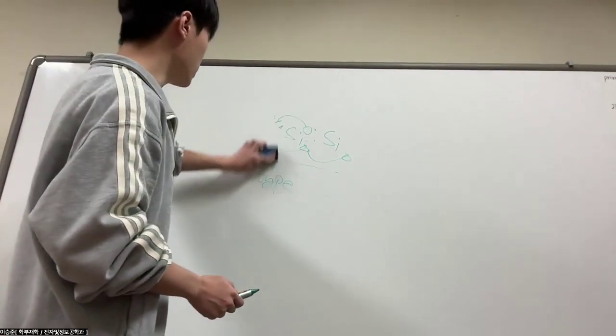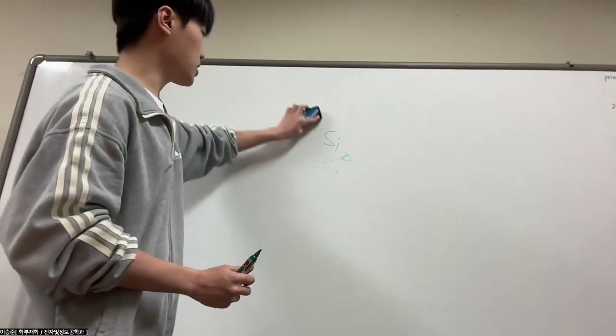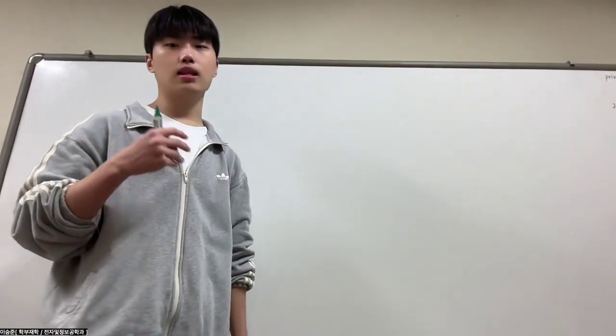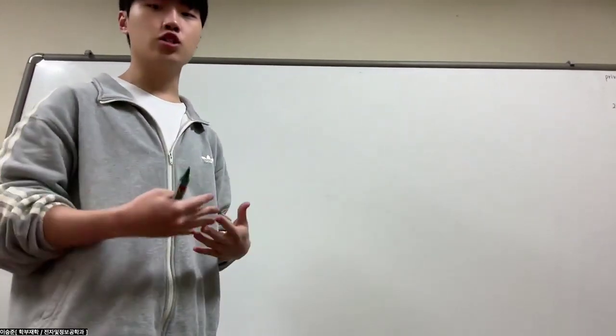So we use these semiconductors in a diode. We can explain a diode simply as a PN junction.